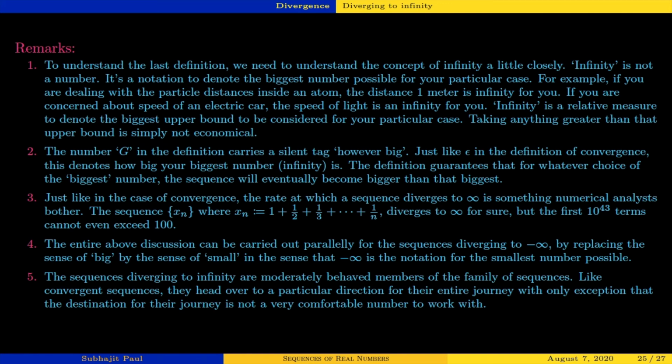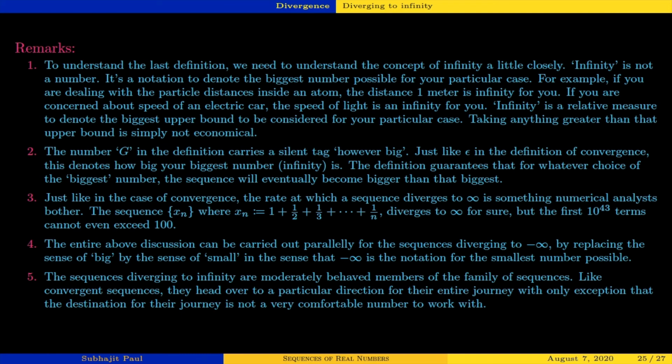And infinity, we now have an idea that it will go away from whatever upper bound we set for them, or whatever lower bound we set in the case of a sequence diverging to negative infinity. So that is something we know very well. So we know how the tail of a sequence is going to behave.